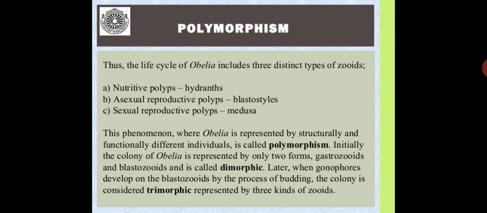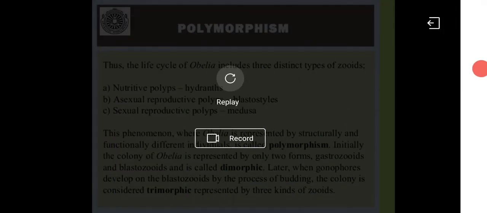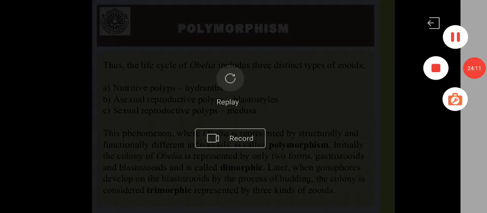Initially, the colony of Obelia is represented by only two forms, that is, gastrozooids and blastozooids, and is called dimorphic. Later, when gonophores develop on the blastozooids by the process of budding, the colony is considered as trimorphic, represented by three kinds of zooids.